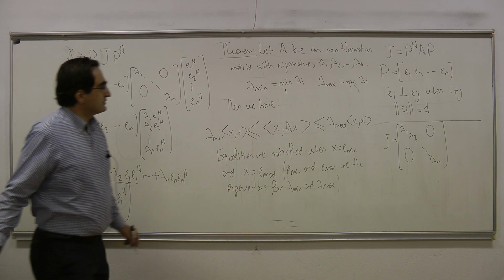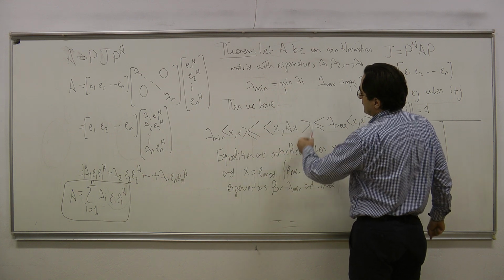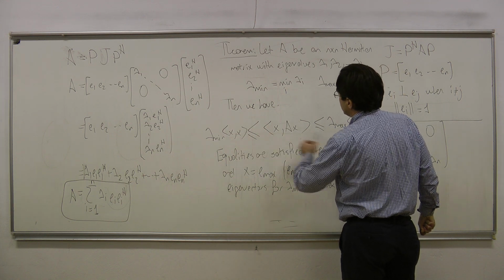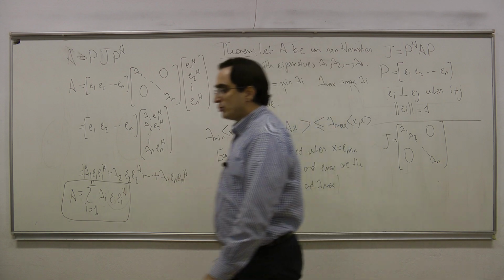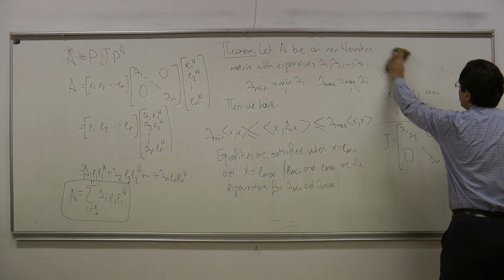So we are told here that this inner product is always between two quantities, and these two quantities are given by the minimum and the maximum eigenvalues.